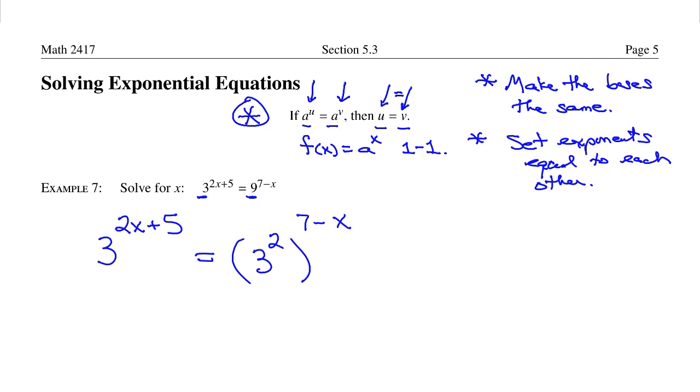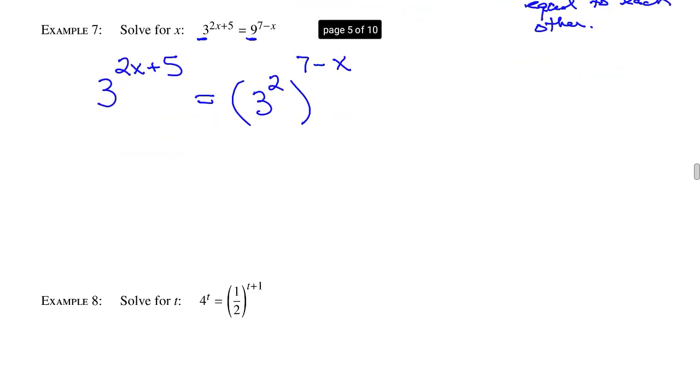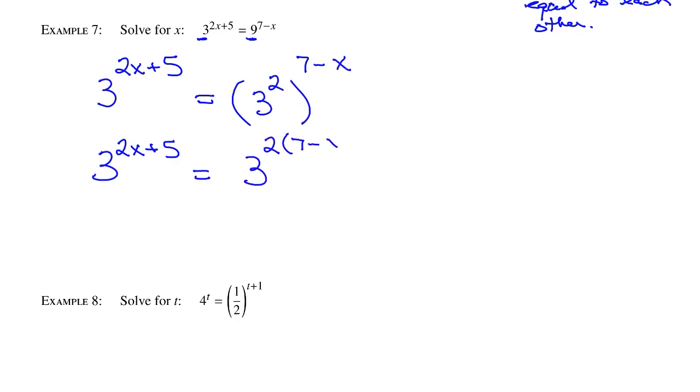So the right side becomes 3 squared, all of that raised to the 7 minus x power. The left side stays the same, and I simplify the right side. We have base, exponent, exponent, so we multiply the two exponents.